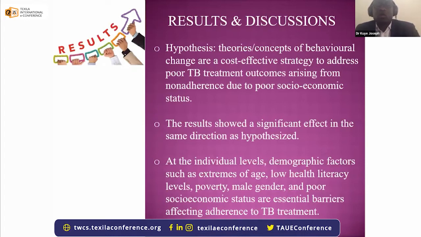The result of this review shows a significant effect in the same direction as hypothesized. And what does that mean? It means that the research agreed that theories and concepts of behavioral change are a cost-effective strategy to address poor TB treatment outcomes, particularly those arising from non-adherence due to poor socioeconomic status.